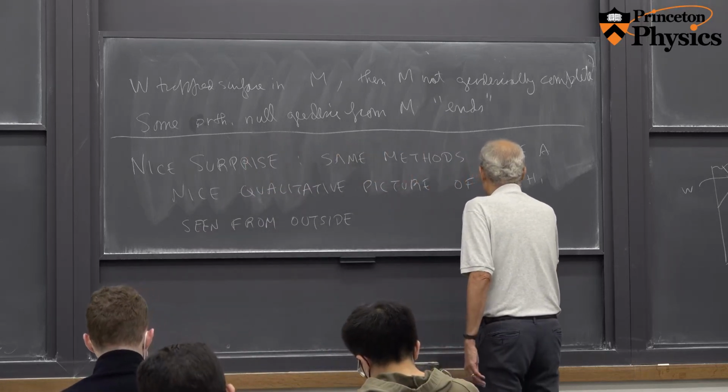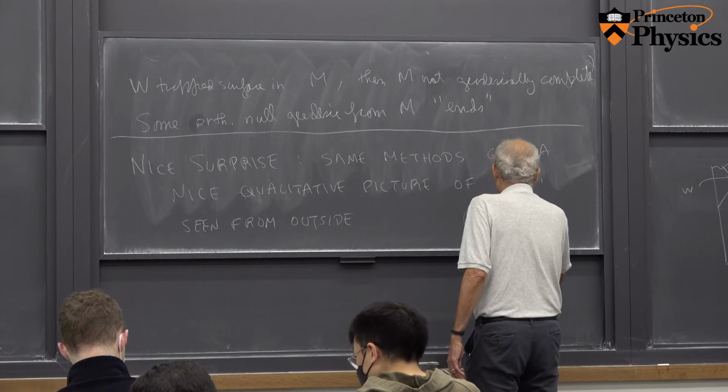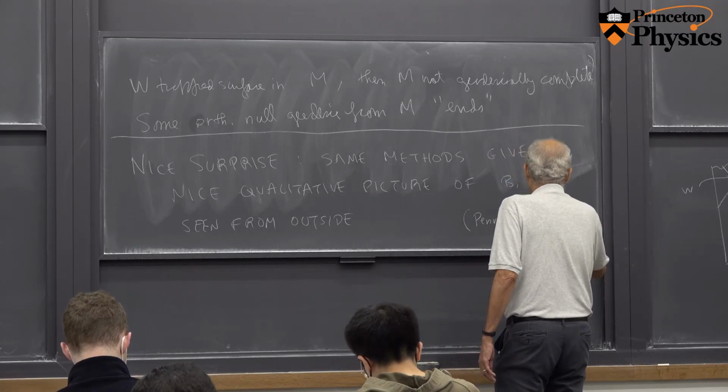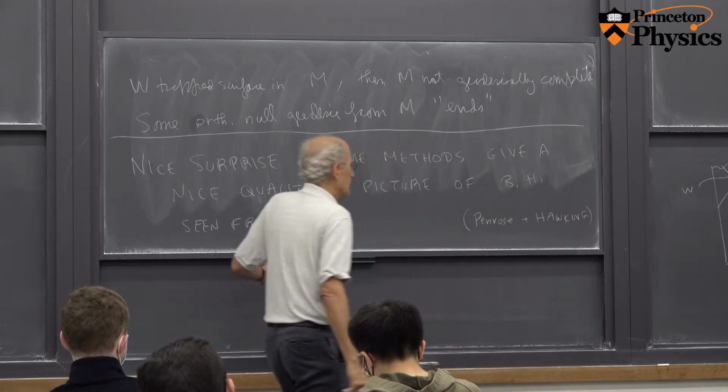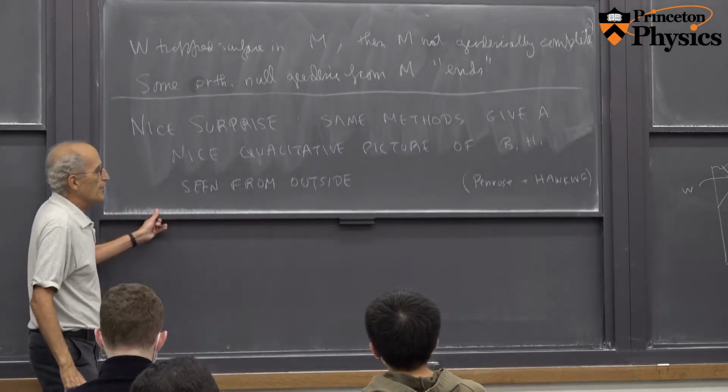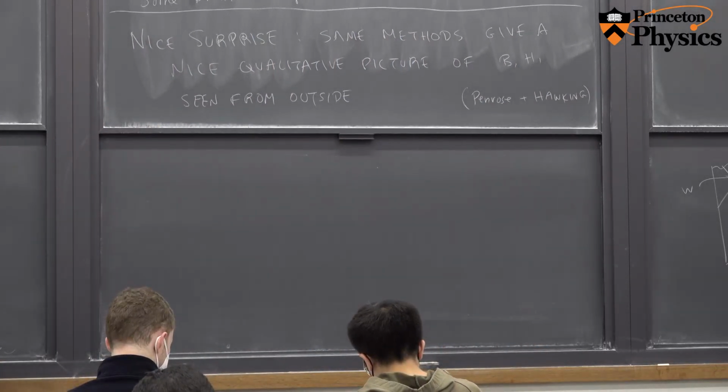This springs from the work of Penrose, but it was largely developed by Hawking, largely using some of the methods that Penrose had pioneered in the proof of the theorem that we explained on Thursday.